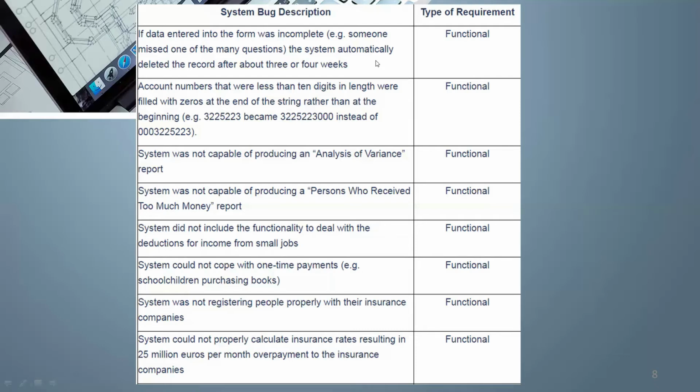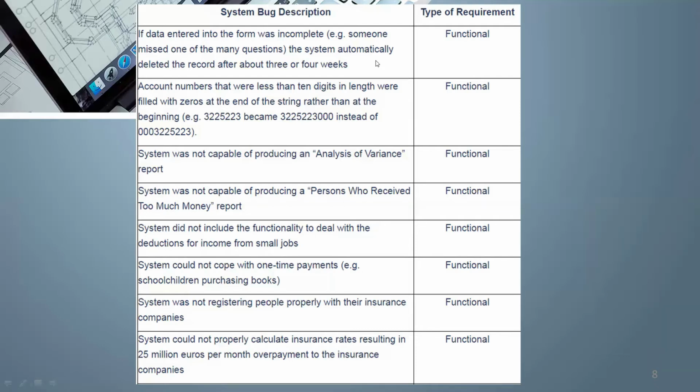Okay, next two are reports. The system was not capable of producing an analysis of variance report, or a person-who-received-too-much-money report. These are reports which were expected but were absent. The user requirement was there, but you did not build it into the system.